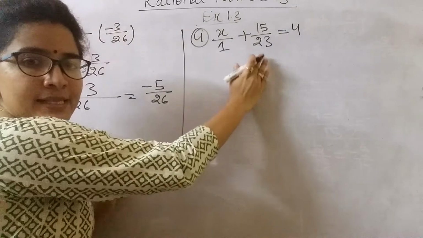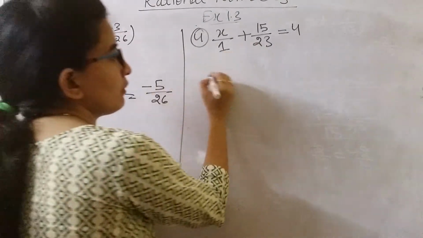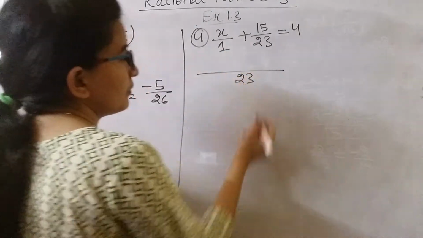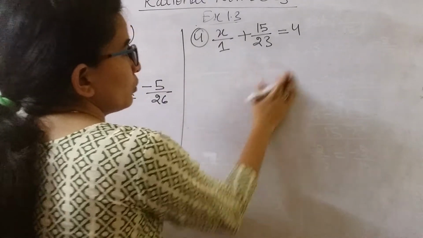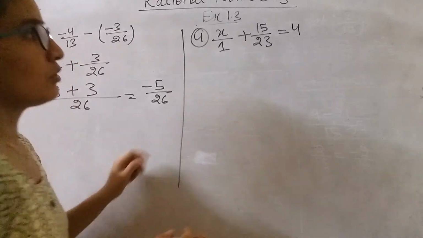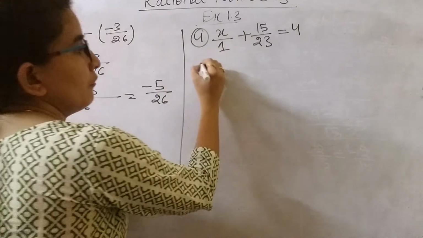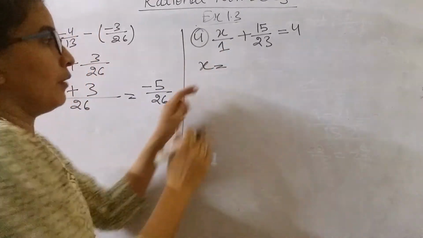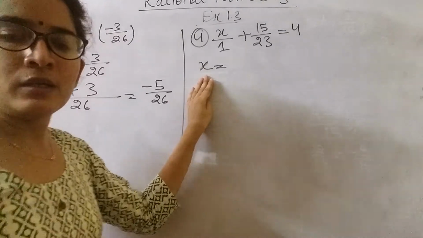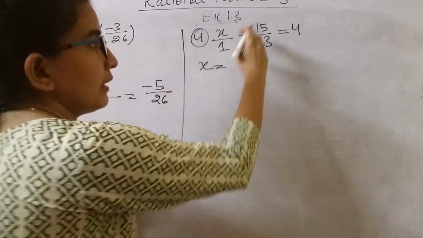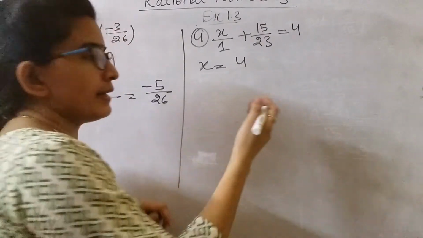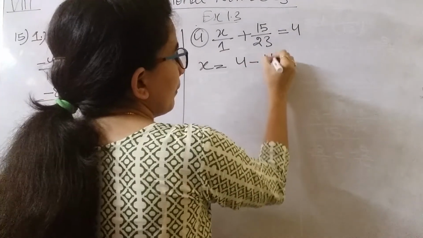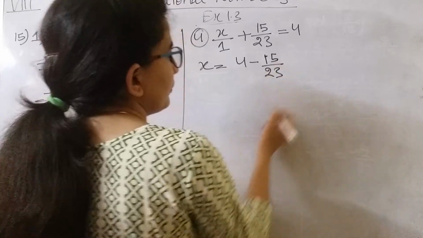Now again we will take LCM of 23 and 1, that will be 23, or we can do it in another way. We will put x on the left hand side and carry this 15 upon 23 on the right hand side. So this will be minus 15 upon 23.